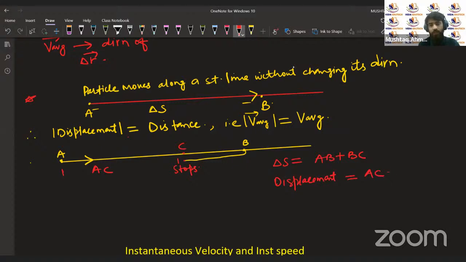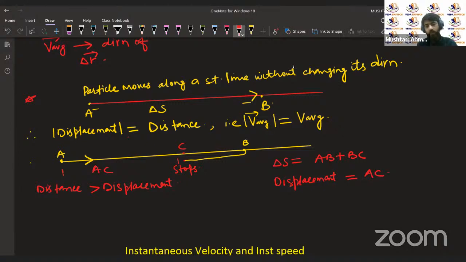So we can see here that the distance is greater than displacement, right? In general, we can say that even if the particle was moving along a straight line, if it reversed its direction at some point, the distance is greater than the displacement.